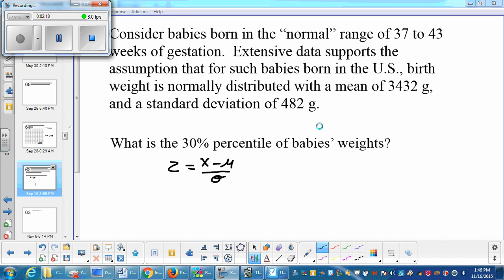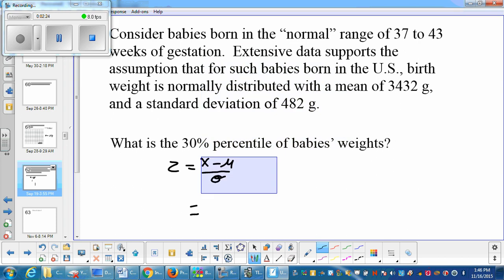Now, in this case, we know some values. We don't know the x value, but we know the mean is 3,432. We know the standard deviation is 482. And we don't know the z, but we can sure find the z.